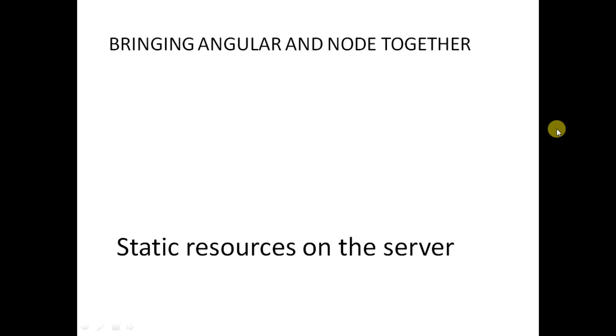From Node's perspective, the Angular portion of this application is considered a static resource because Angular apps load dependencies from node_modules. This directory also belongs to the static resources required by the browser.